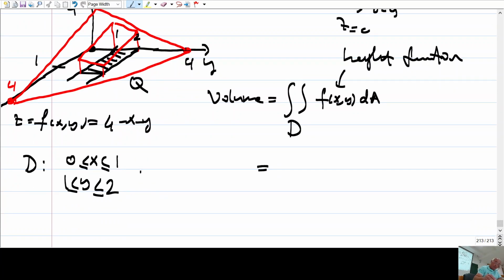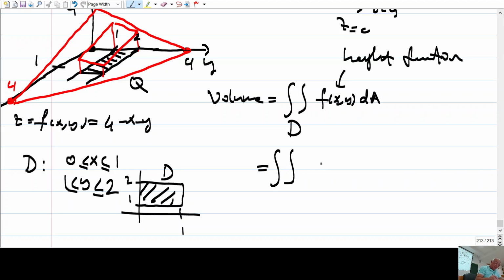It is simple in both x and y, right? It is this region here. Let's say 1, 2. So it is this region D. It is simple in both variables. And our function is 4 minus x minus y. I can write it in any way I want since it is simple in both x and y.